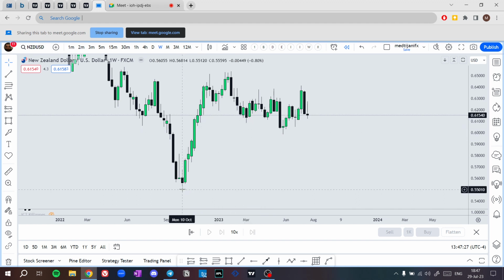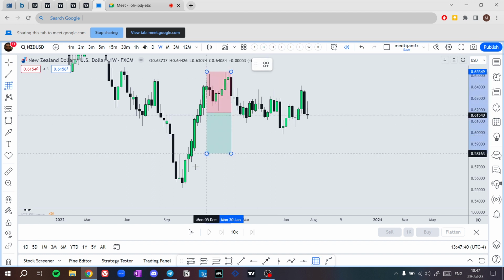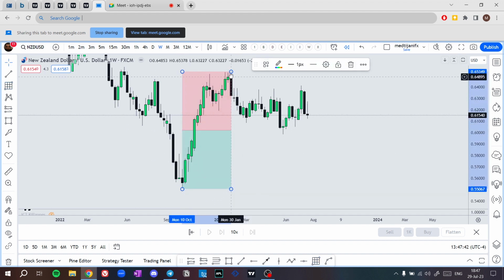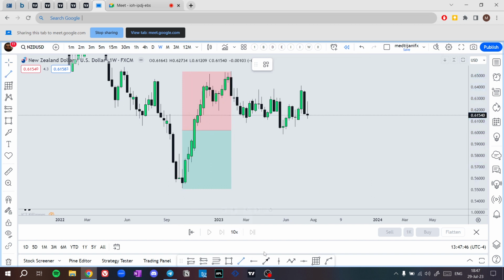Do the top-down analysis from this point to this point. For example, just as a start, you're going to have this as your range, and you're going to look for how price has retraced to equilibrium right here, to this fair value gap right here.